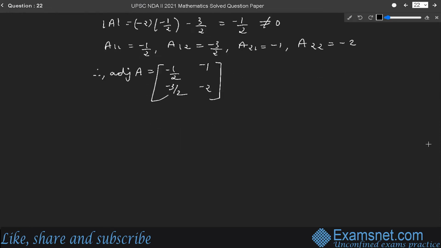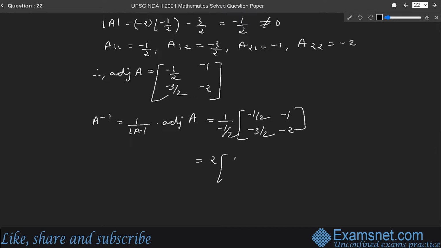And we know that A inverse is equal to 1 upon determinant of A into adjoint of A. So putting the values, we get 1 upon -1/2 into the adjoint. On further solving, it will be equal to 2 into 1/2, 1, 3/2 and 2. So on multiplying 2 inside, we will get 1, 2, 3 and 4. So this is the required value of A.